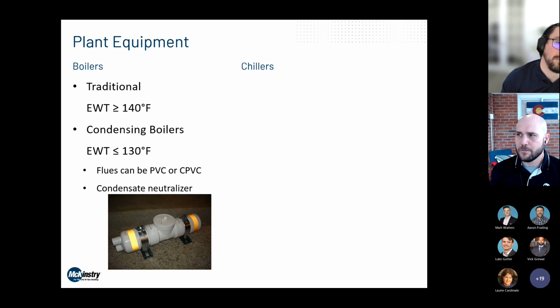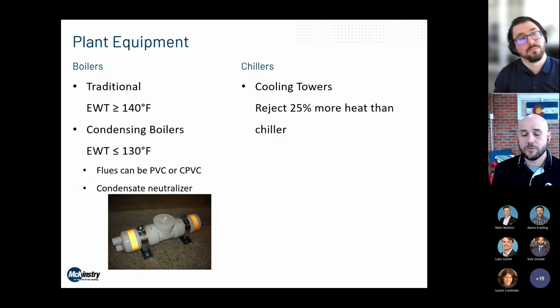On chillers, I want to quickly say, if you have a water cooled chiller system, just put this on the rules of thumb slide: cooling towers are often sized to reject 25% more heat than the chiller's capacity. So if you have a 200-ton chiller, your towers are going to reject essentially 250 tons of heat.